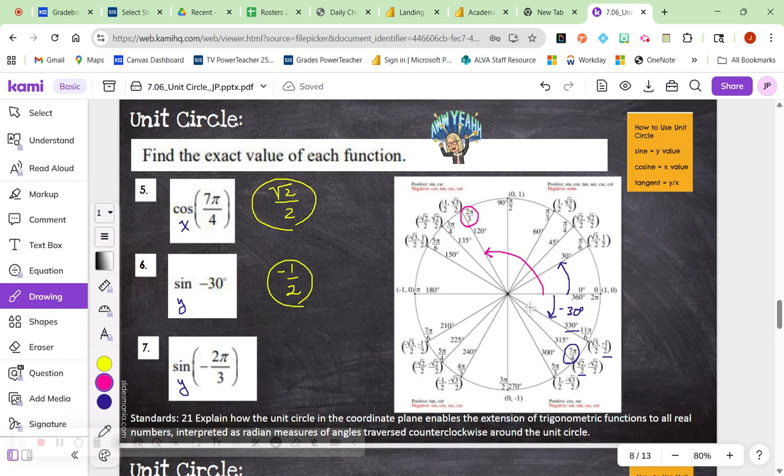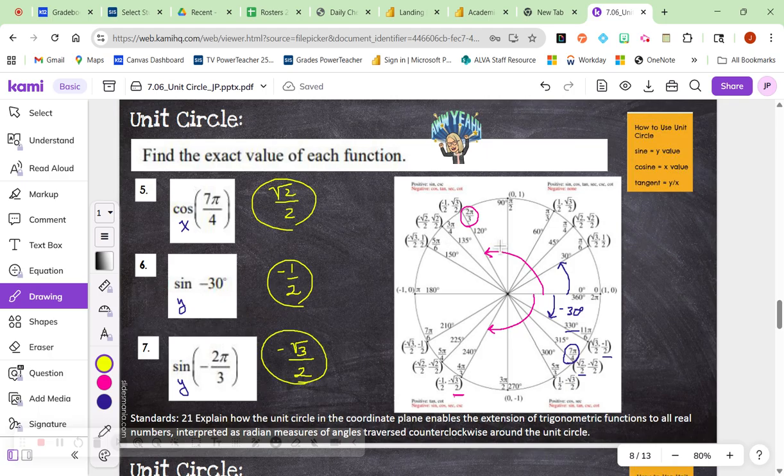So if I rotate 120 degrees clockwise, that's going to put me at negative 2 pi over 3. So this would be 30, 45, 60, 90, 120, except we're going clockwise, which is negative movement, and we're looking for the y value only. So our answer is going to be negative square root of 3 over 2.